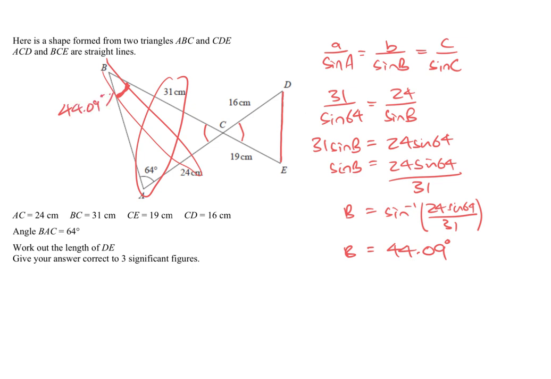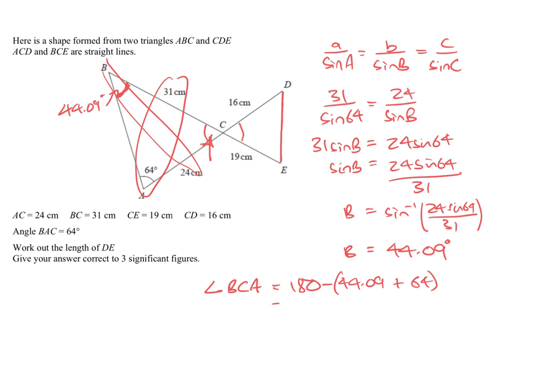We can now work out the angle here, angle at C, because it's just the angles in a triangle making 180. So we would say something like that the angle BCA, and I'm not going to call it angle C because it can kind of confuse things with the image. Angle BCA is equal to 180 subtract 44.09, should put that in brackets, plus my 64.